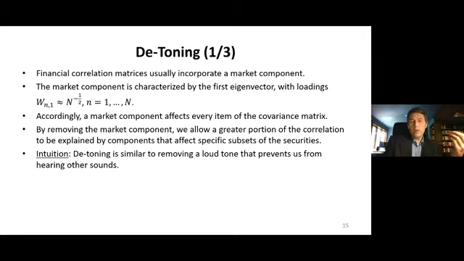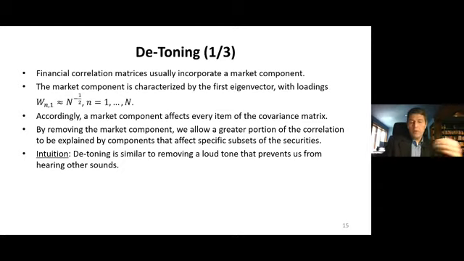So particularly when you are working on clustering problems, it is a very good idea to detone the covariance matrix. Why? Because once you remove the tone, now the clustering algorithm can see what remaining information allows for clustering.